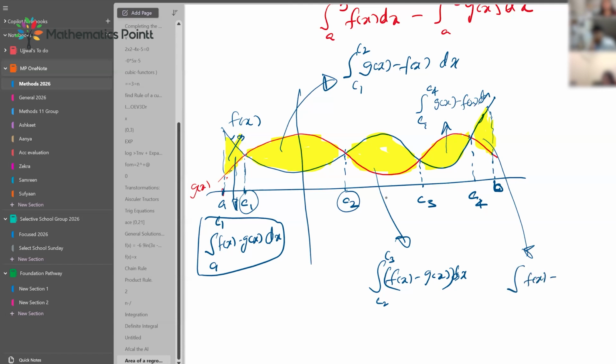So f of x take away g of x dx from C4 to B. And then you add all of them up, and you get the area of the region sandwiched between two curves. Very, very simple, right?